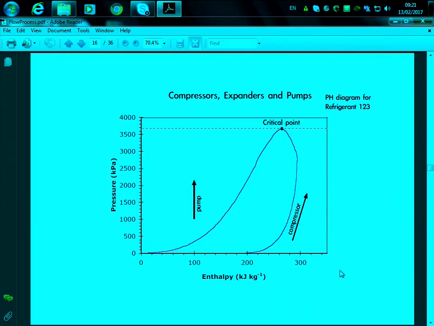So here we have again the same type of system for the refrigerant 123, which is a type of refrigerant, a fluid that can be used in different applications in industry. And again, we have the chart, but this time we have enthalpy against pressure. Okay, so the X and Y axes have changed, and we're going to see what happens in this case.